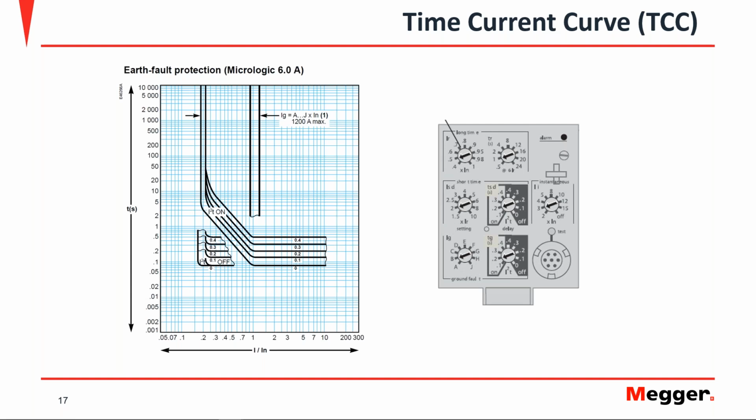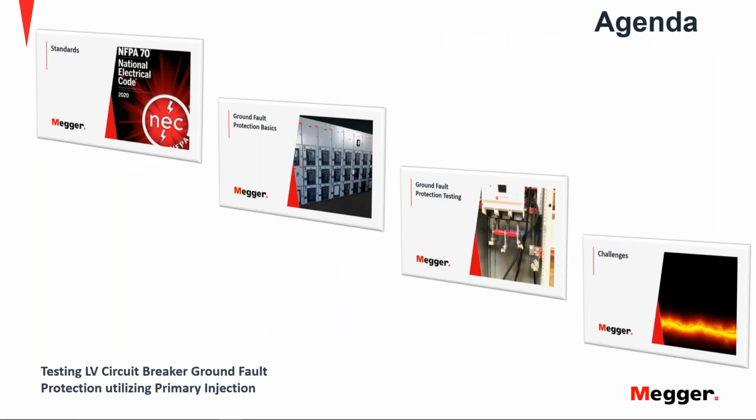So for results analysis, those are again the concepts and the factors that we have to check in the circuit breaker configuration to understand what we need to measure and how we analyze the result, which in terms of analysis is pretty much comparing our results to the time current curve to see if they fall within the acceptable values.